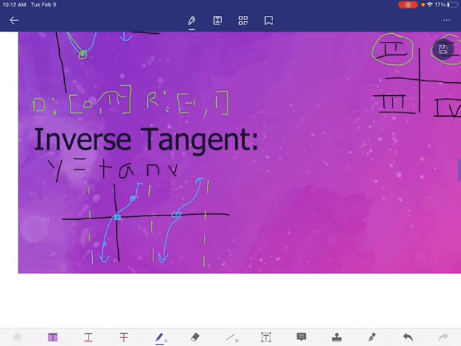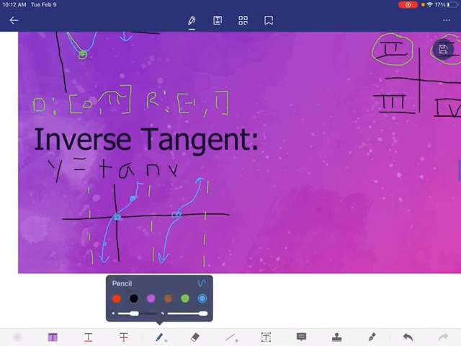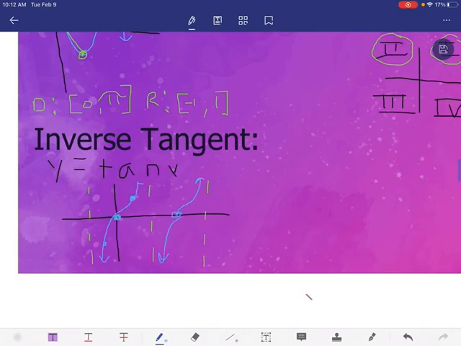So again, we need to restrict our domain. So if we look at this, notice that again, we want to pick a piece that is all together. We don't want to look at two separate pieces. So we wouldn't want to start at 0 and then go to pi, because if we did that, we would hit all of our y values, but notice that it would be broken apart in the middle by an asymptote.